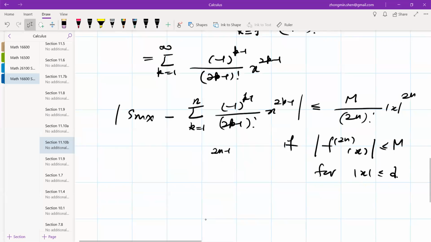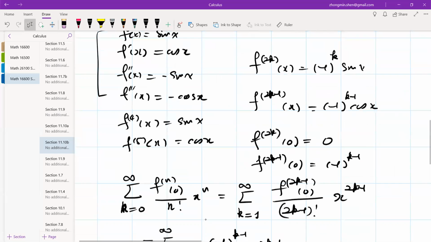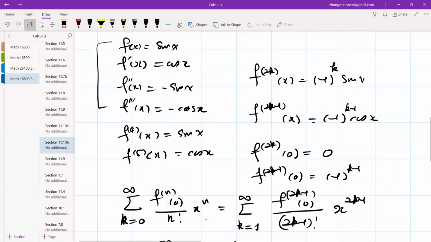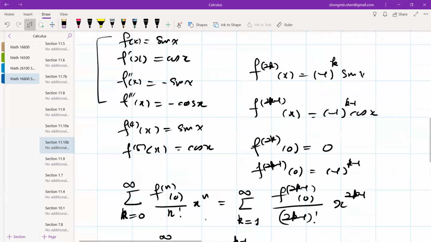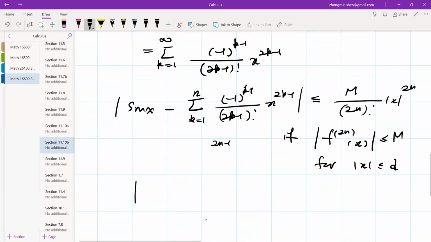But you can always make M to be 1, because the derivative here we already found out is going to be negative 1 to the power n sine x. So this can be noted as negative 1 to the n sine x. It's always less than or equal to 1, for any d, for any x.